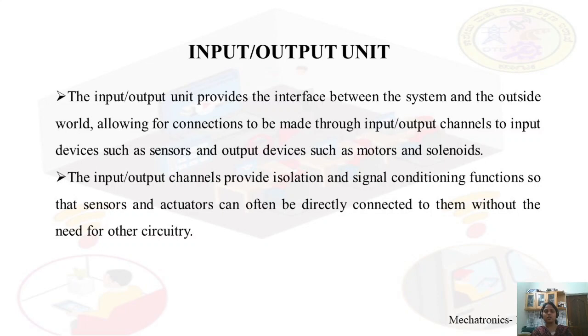That is detected by your photodiode. And when the photodiode detects this radiation, a digital output pulse is produced. So here between the LED and the phototransistor, there is a gap. That gap we call electrical isolation. That we will study in detail in the coming sessions. So the input output channels provide isolation and signal conditioning functions.